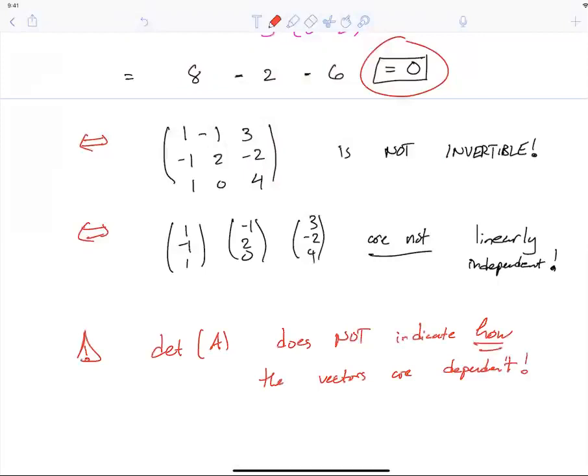So for example, if you want a certificate that a set of vectors are linearly dependent, you want to express one as a multiple of another or one as a combination of the others, but the determinant doesn't do that. It doesn't give you the linear combination.